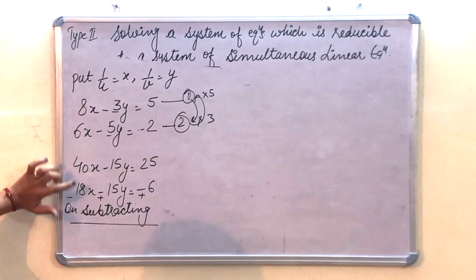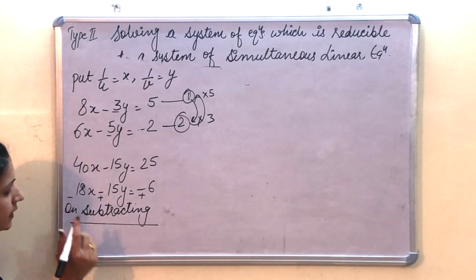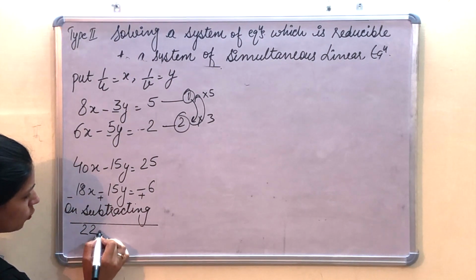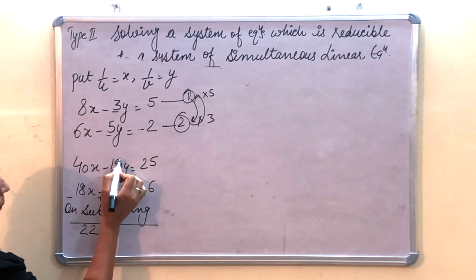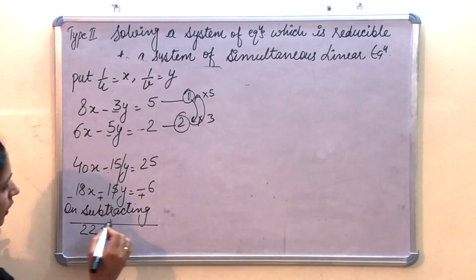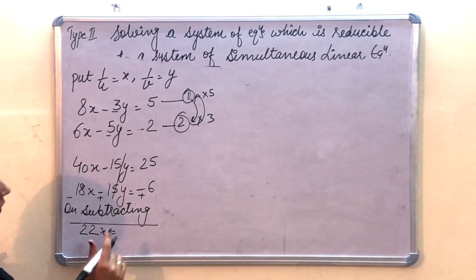So it is positive, it is negative. So we subtract these two. 10 minus 8 it is 2. 3 minus 1 it is 2. 22x. Plus 15 and minus 15y cancels each other is equal to 25 plus 6. It is our 31.